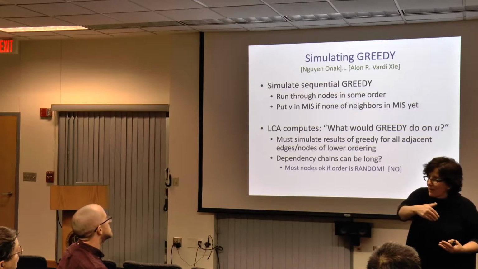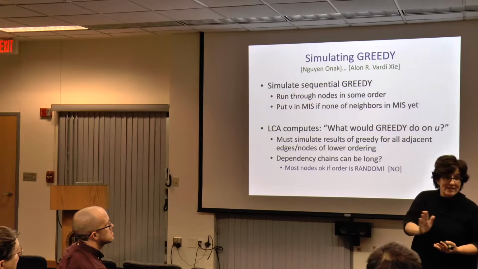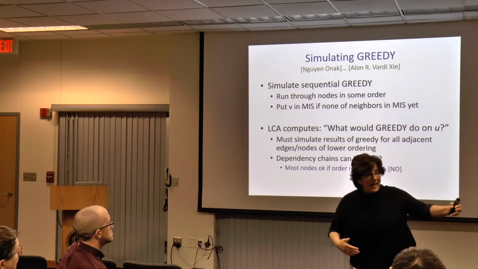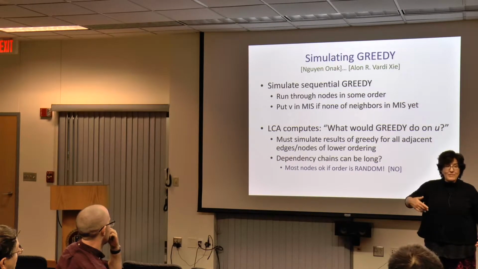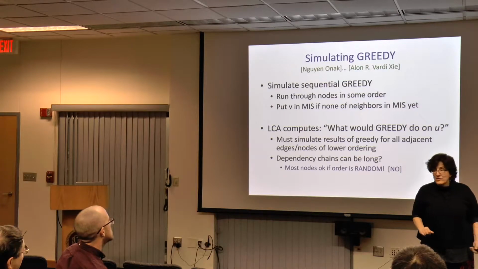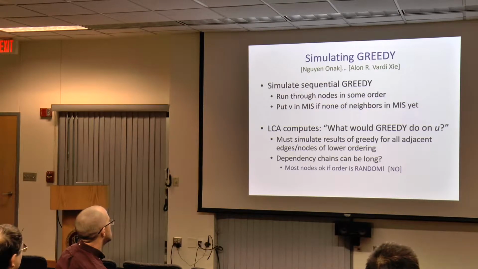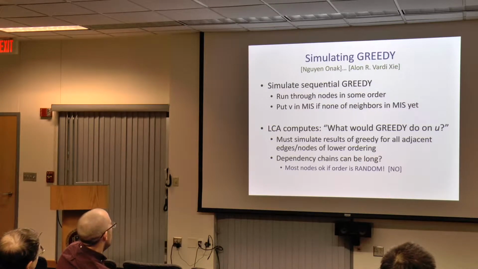So I expect to go down by 1 over d at each step. That's why after about d rounds, I expect to run out of smaller neighbors. So this is going to be order d.